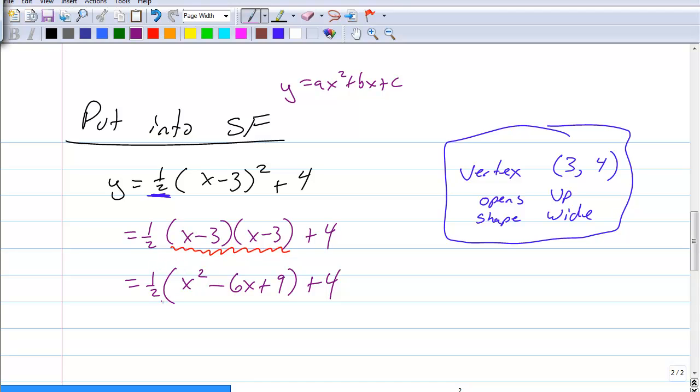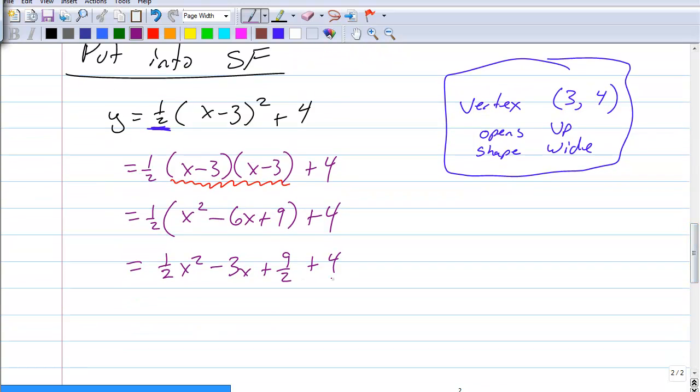We're going to have to distribute this 1/2, and this 1/2 is going to be 1/2 x squared minus 3x plus 9/2 plus 4. Now, I still got to put this together, this 9/2 plus 4. 4 would be 8/2, so our final answer is y equals 1/2 x squared minus 3x plus 17/2.